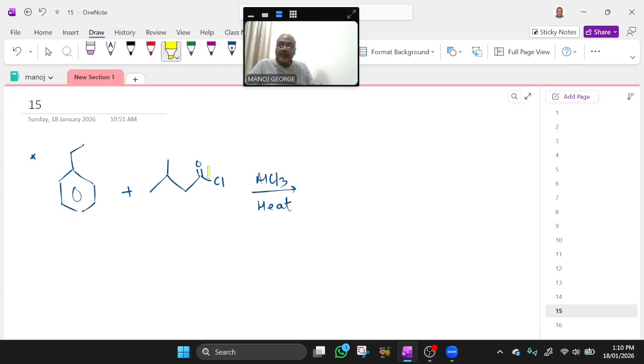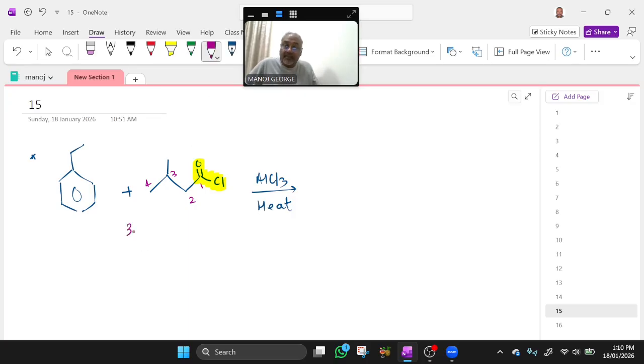So the moment you see this, you know who this is, right? You don't have to worry about the naming, but in case you're interested to know the name, this is carbon number 1, this is carbon number 2, this is carbon number 3, this is carbon number 4. So there is a methyl at the third position.